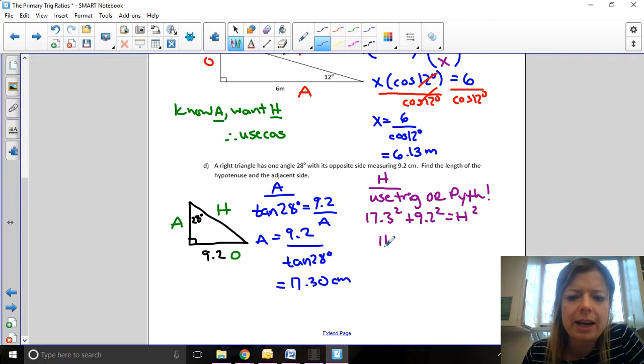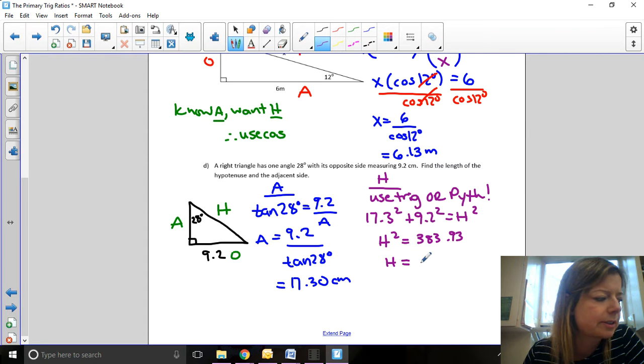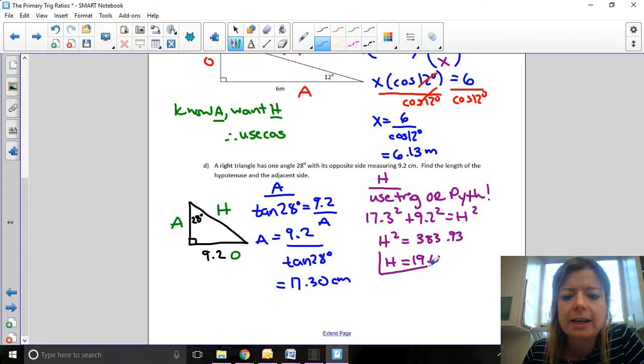So that gives me that h squared is equal to 383.93. Then I take the square root of that, and I get h equals 19.6. Okay, now in this case, I don't have to put plus or minus 19.6 because we're talking about side length, and side length can't be negative.